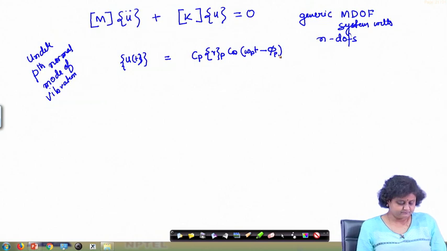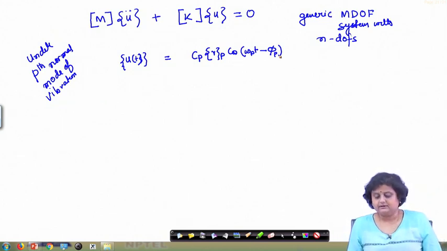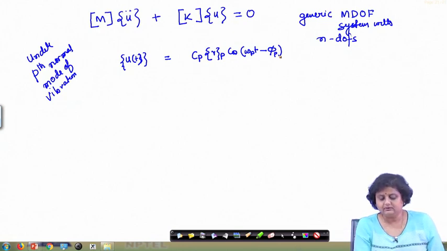Okay. So, this we have derived, and this is the pth normal mode of vibration of the system.